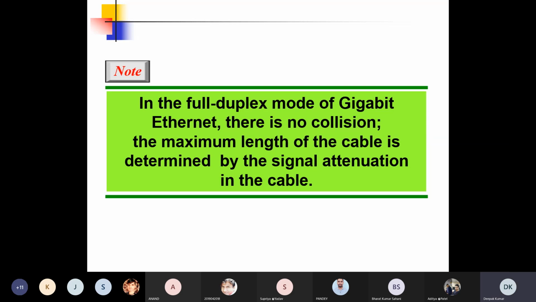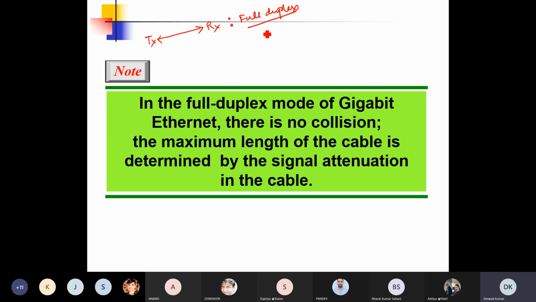In full duplex mode of Gigabit Ethernet, there is no collision. The maximum length of the cable is determined by the signal attenuation in the cable. One of the key points that you should not forget: when you use a single wire between transmitter and receiver, this is half duplex.